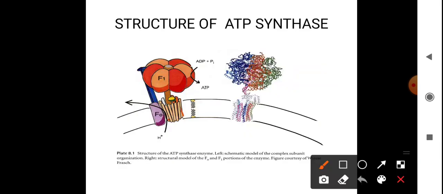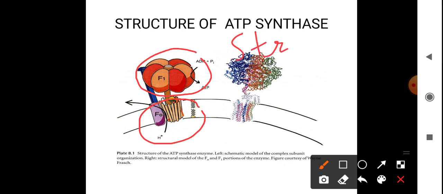Now this is the structure of ATP synthase. This is the F0 particle, which is present in the thylakoid membrane. The F1 particle lies outside the thylakoid membrane, facing the stroma.